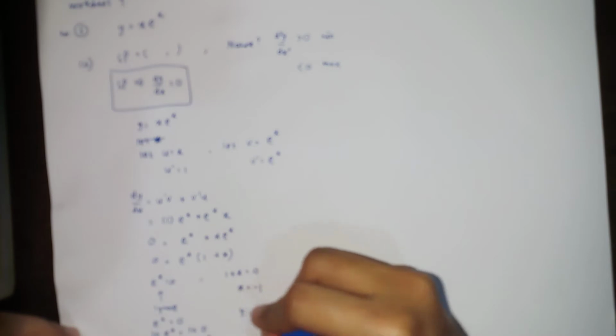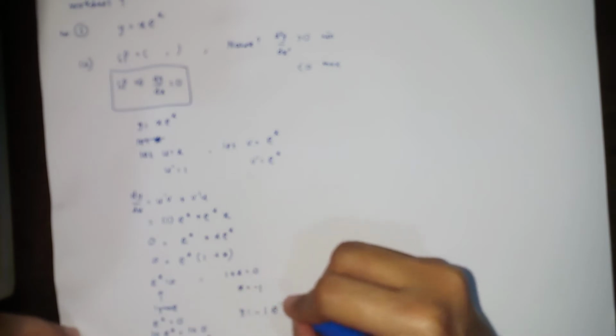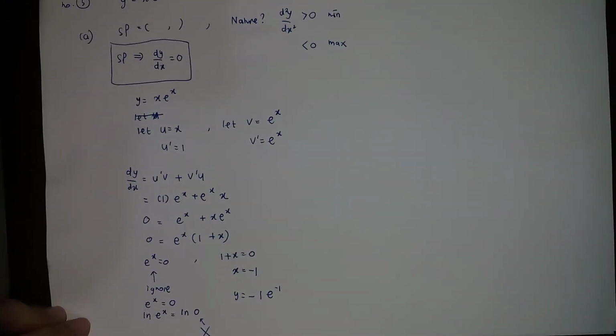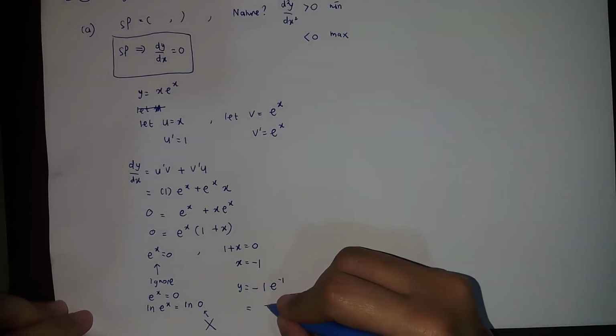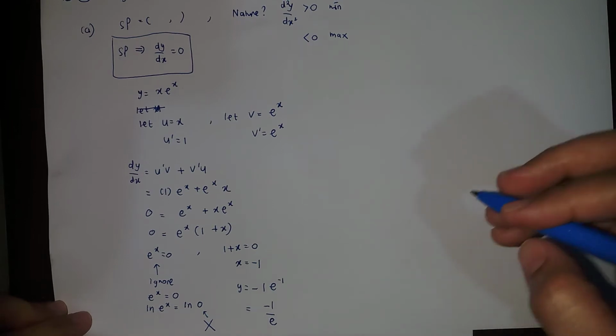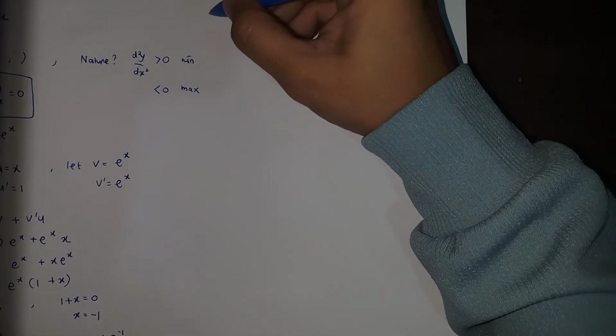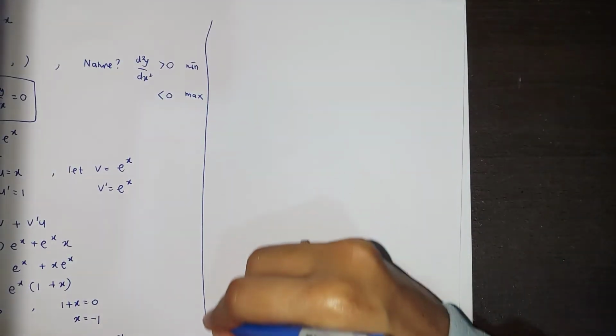So y now equals -1 times e to the power of -1. You can leave your answer in that form, or if you want to put it as a fraction, you can write -1 over e. Therefore, I will continue with this part next.